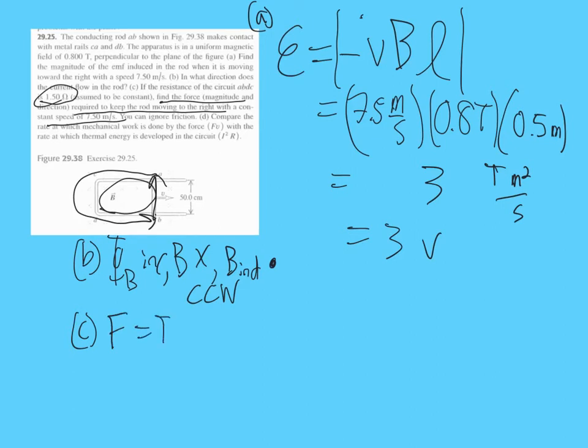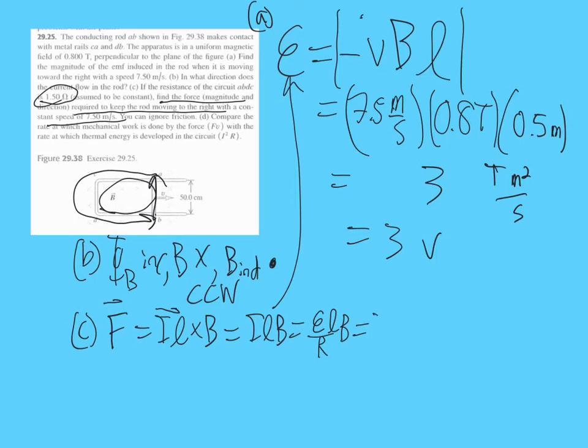It's going to be IL cross B. And since the direction V is going to be perpendicular to our magnetic field, we can just solve for it by finding ILB. But we have a problem, which is that we don't know the current, but we do know the voltage from up here. So we can find it by taking E over R times L times B.